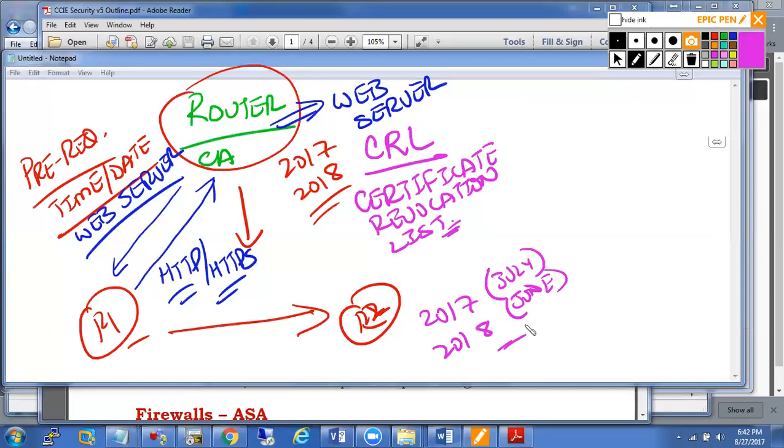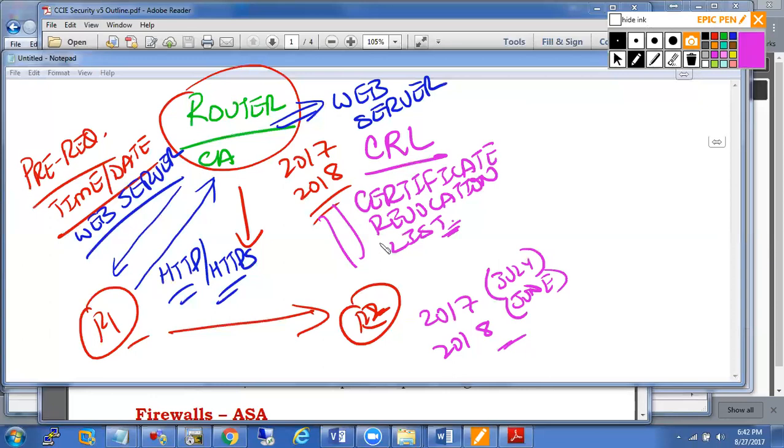So at that point, although the certificate is still valid, the CA server puts that certificate on this list known as the CRL, Certificate Revocation List. Although the certificate is still within the validity period between July 2017 and June 2018, it has been revoked.